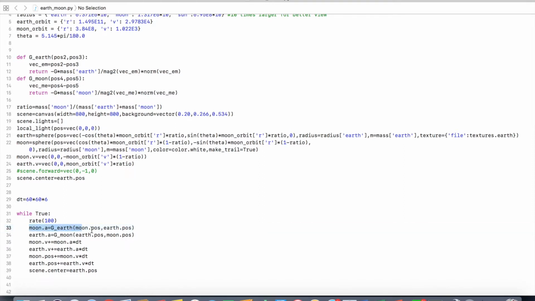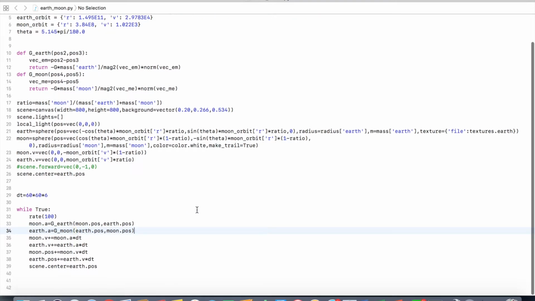And if you calculate this one, the moon's acceleration, and then you do this, and then you do this, and then you go back to this one, the Earth position and the moon's position, especially the moon's position, is already not the position you want. And that would yield some terrible consequences. So you do not want that. So make sure you calculate both accelerations first.